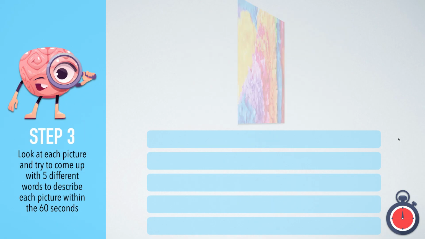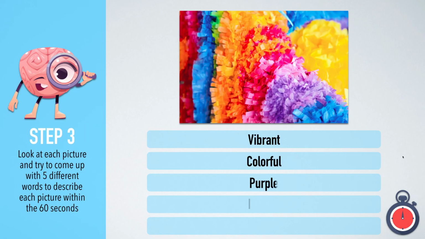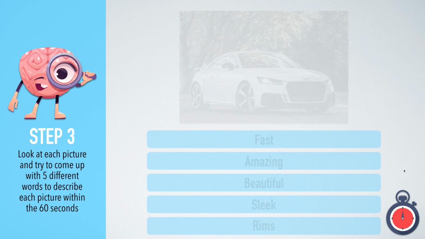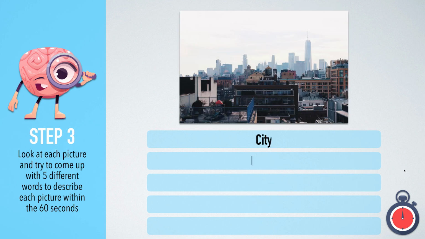All right. So going back, I go through the remaining images and I give my 5 words: vibrant, colorful, purple, festive, joy. Next one being fast, amazing, beautiful, sleek, rims. And finally, this one: city, urban, buildings, downtown, and playground.